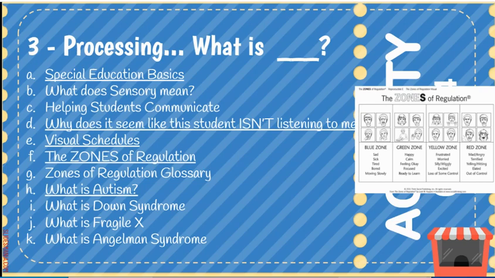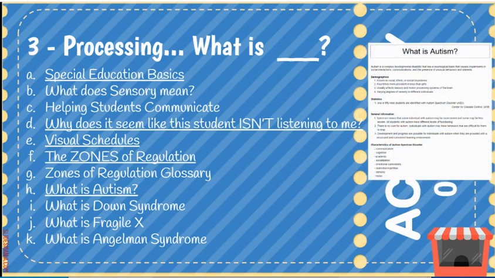These zones of regulation can then be described in more detail on the zones of regulation glossary, and that is actually page G. But as I highlighted at the very beginning of this section, there are going to be some disabilities that we just don't have a background in, and so it's important that we educate ourselves in what each one of these disabilities entails.